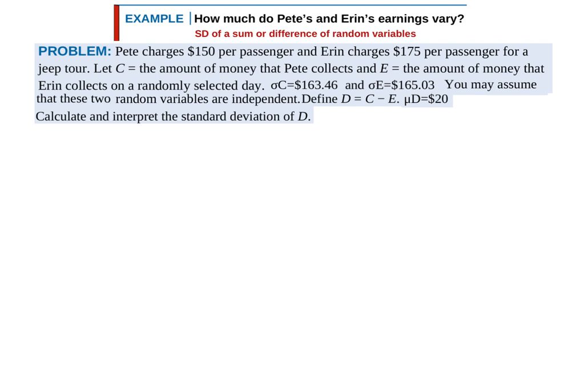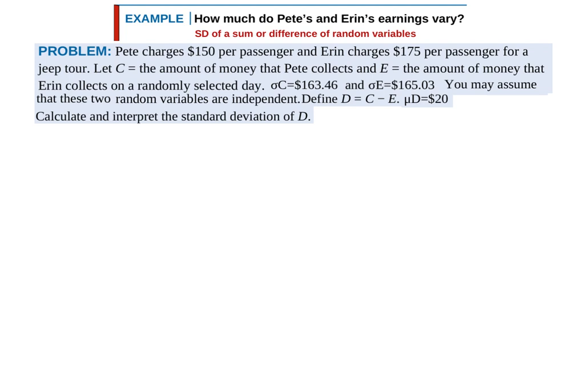Let's define C as the amount of money that Pete collects and E as the amount of money that Aaron collects on a randomly selected day. Why C for Pete? I'm not sure. But here's what we know: the standard deviation of the amount of money that Pete collects is $163.46, and for Aaron, it's $165.03.